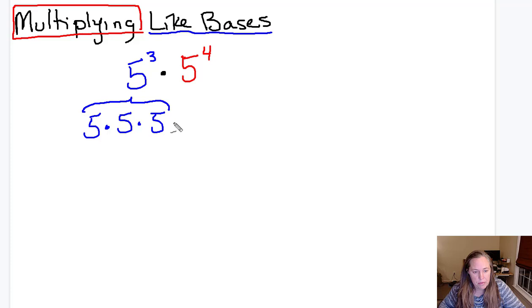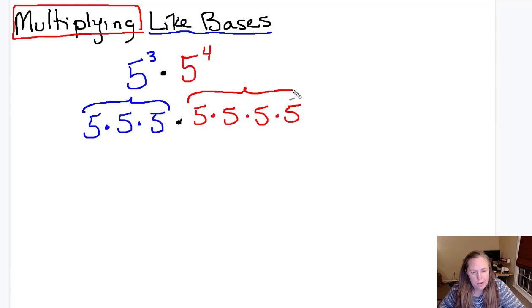And then we have times 5 to the 4th. 1, 2, 3, 4. So there's 5 to the third times 5 to the 4th, all the way written out, which is not something you ever really want to do. But I'm doing this to show you something, because 5 to the third times 5 to the 4th is also the same as, that green might be a little light.